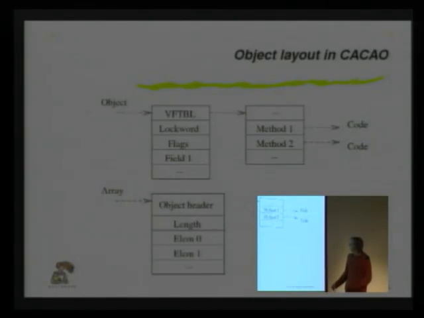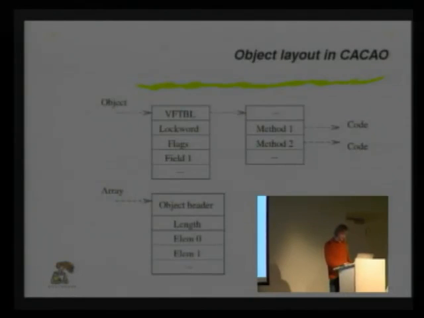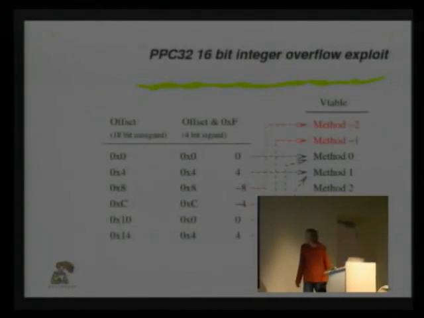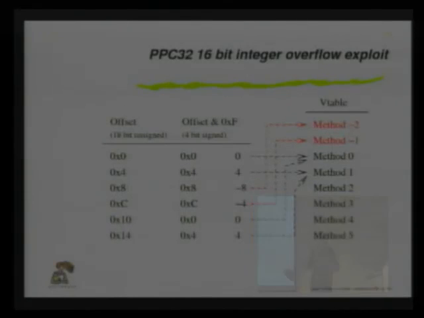So let's have a look at what happens with this offset after truncation. Let's now suppose that the offset is not truncated to 16 bits, but just to 4 bits. So we have here such a table. In the left column, there is just a sequence of increasing offsets.